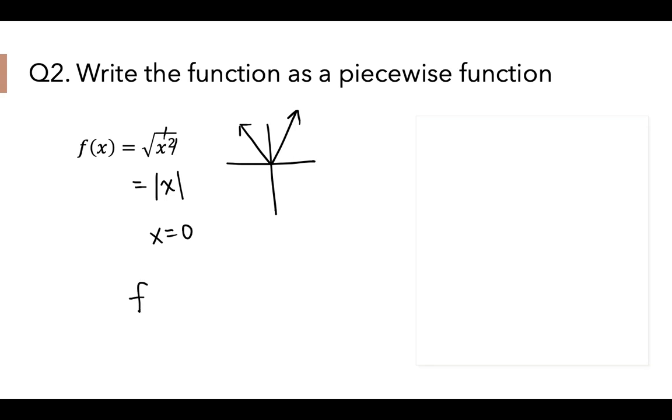So we could say f of x equals positive x when x is greater than or equal to 0, and negative x when x is less than 0. It will look like this. I divide it into two sections, one positive and one negative.